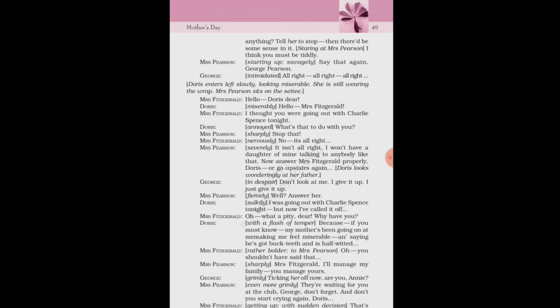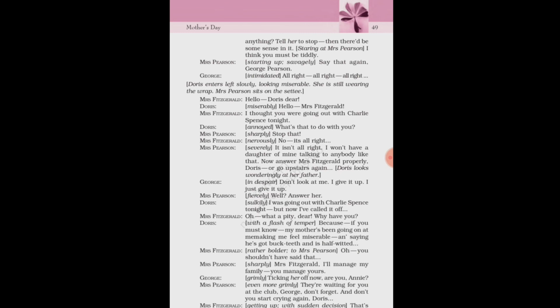Doris looks wonderingly at her father. George, don't look at me. I gave it up. I just gave it up. Mrs. Pearson, well, answer her. I was going out with Charlie's friends tonight, but now I've called it off. Oh, what a pity, dear. Why have you? Doris, with a flash of temper, because if you must know, my mother's been going on at me, making me feel miserable and saying he's got buck teeth and is half-witted.